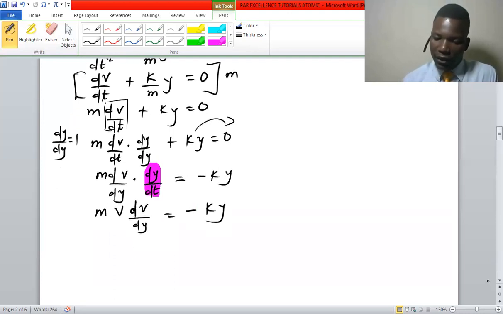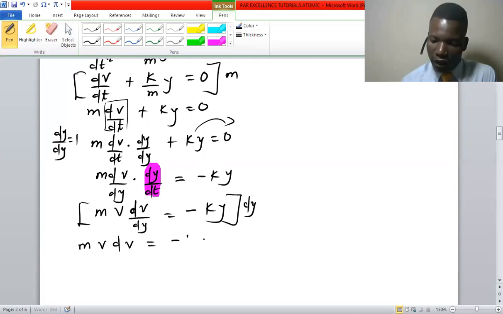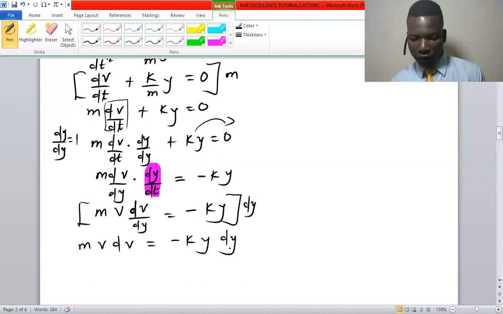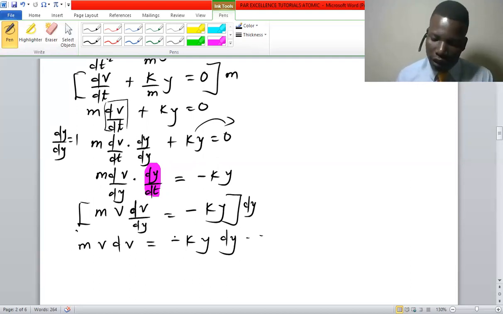So we multiply this equation by change in y, and then we're going to have m v dv being equal to negative ky dy. This, which you have seen here, is actually a differential equation. So we integrate this equation, from 0 to v and 0 to y.